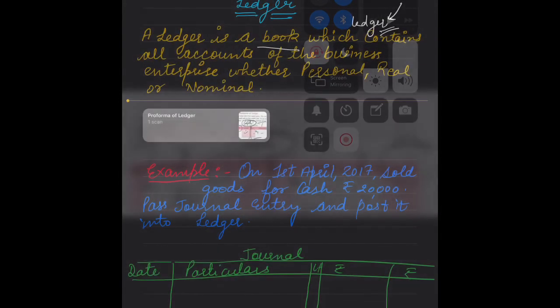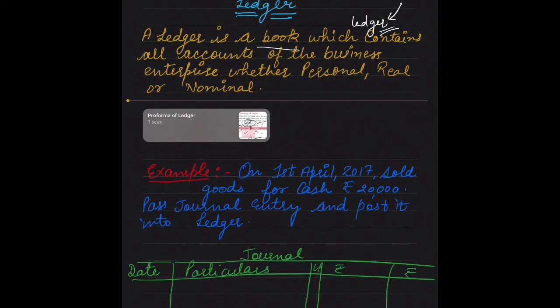It is not necessary to write the word account after a personal account. Let's take an example. On 1st April 2017, sold goods for cash rupees 20,000. What we have to do is pass the journal entry and post it into the ledger.